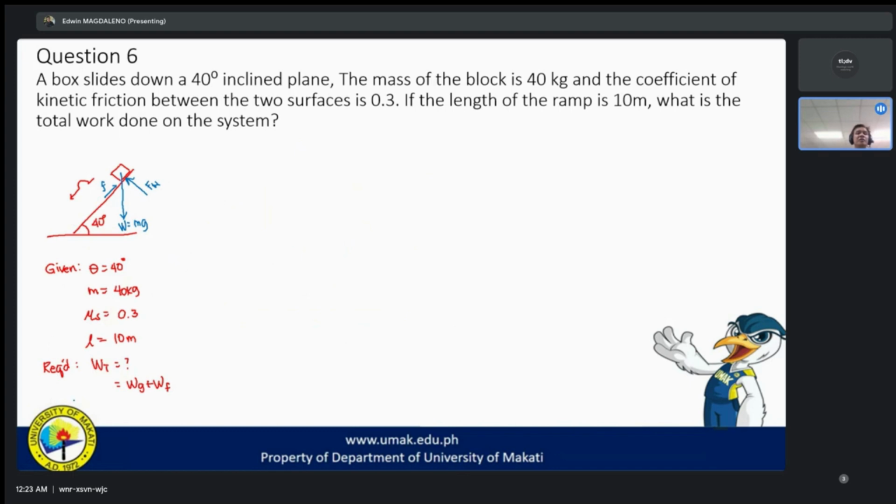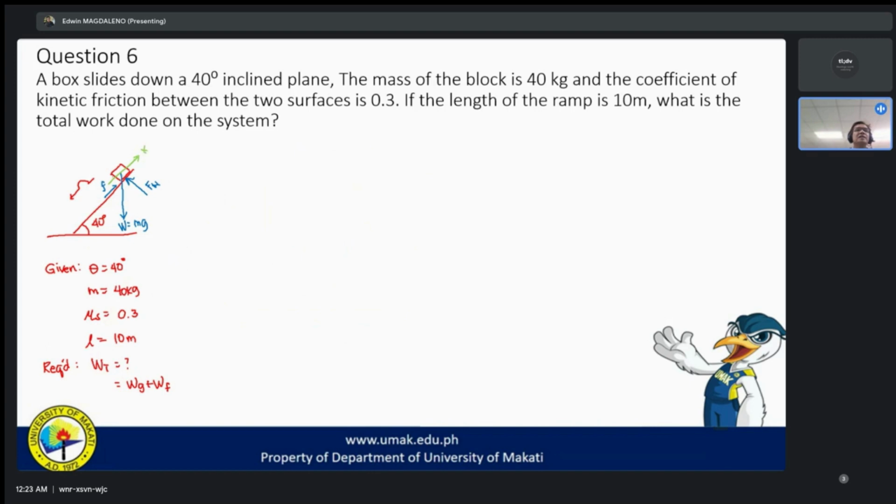As I mentioned in one of my videos, the next thing that we need to do is to draw a Cartesian plane. The x-axis should be parallel to the surface.